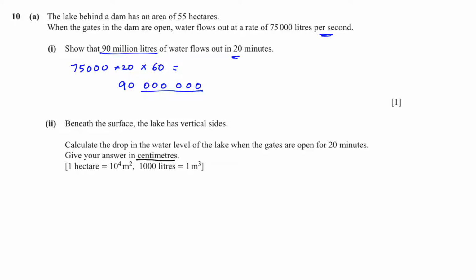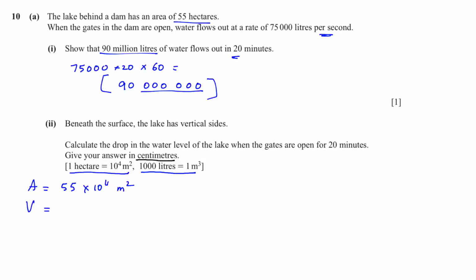1 hectare is equal to 10 to the power of 4 square meters, and we have an area of 55 hectares. So area is equal to 55 hectares multiplied by 10 to the power of 4 square meters. Then we have been given 1000 liters is equal to 1 cubic meter, and 90 million liters of water flow out in 20 minutes.